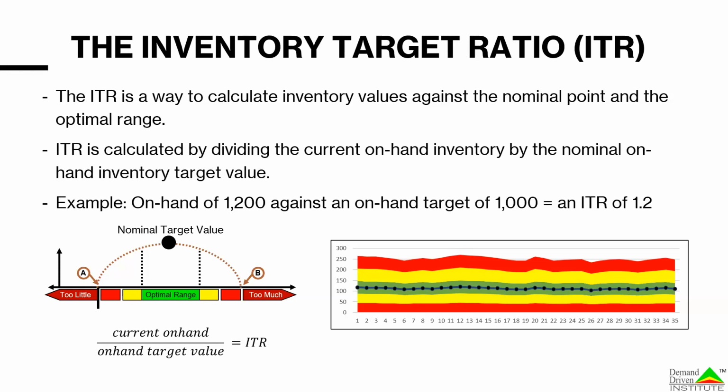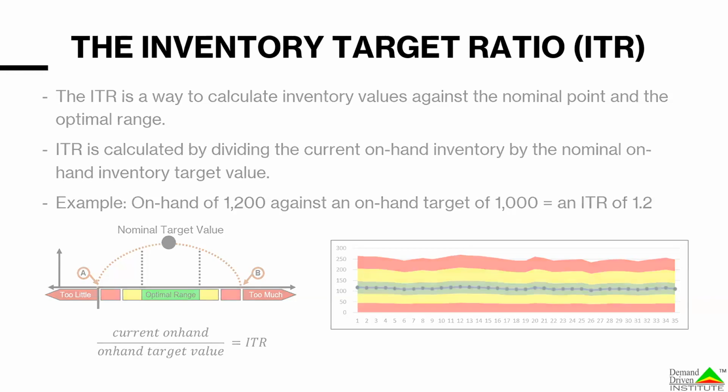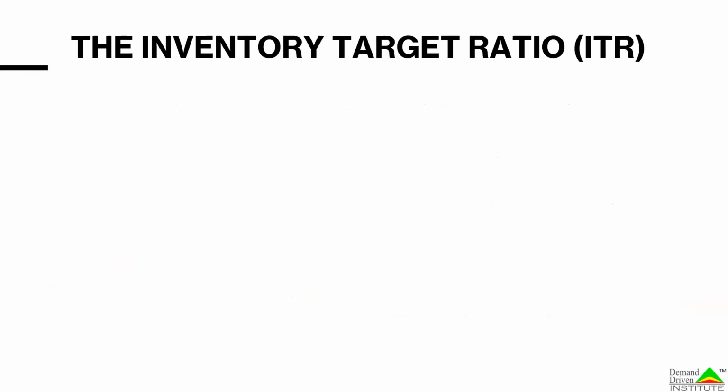Okay? And this is kind of the buffer view as your nominal. And because the buffers adjust, the nominal target is adjusting as well.